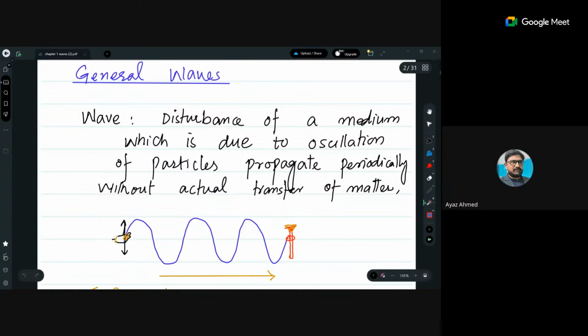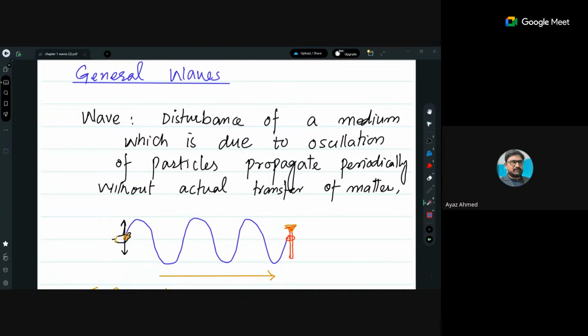For example, if this is the particle in the hand of this person, and that person vibrates the rope up and down, what will happen? The particle in his or her hand will remain at the same position, but the energy will be propagated from this portion of the rope to the end of the rope, to this hook or this nail.